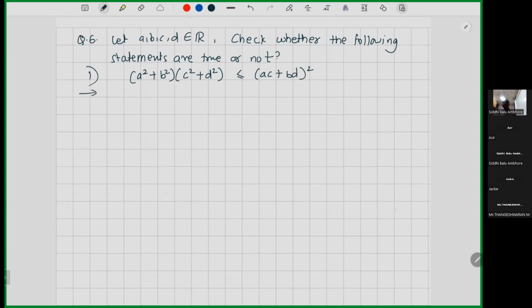So this is true for any A, B, C, D. That's what they are saying. So what is your guess? Will this always be true? That for any given A, B, C, D in R, this identity is always true. That's what they are asking, whether this identity is true or not.